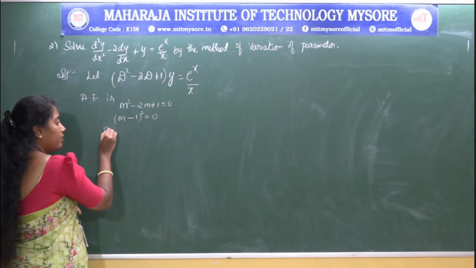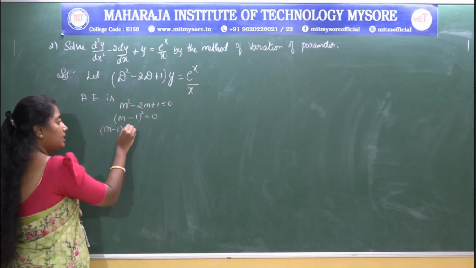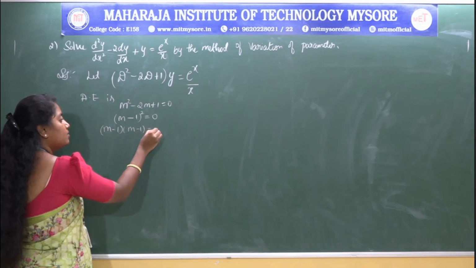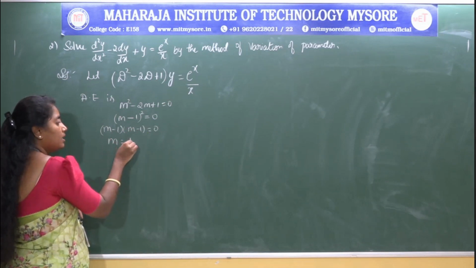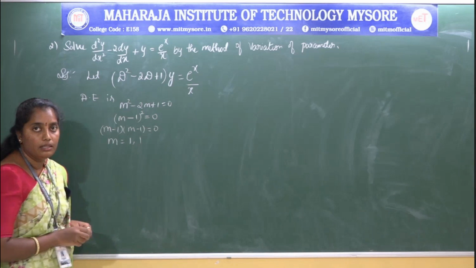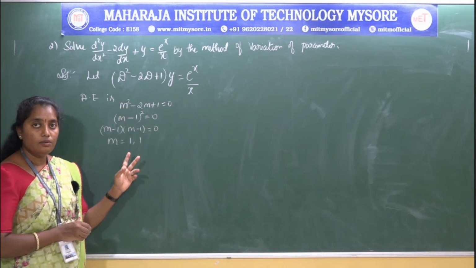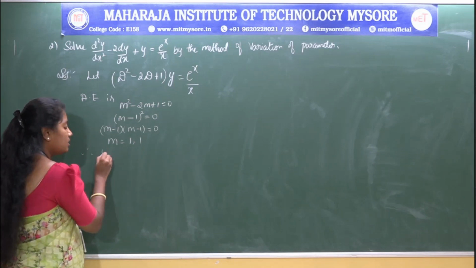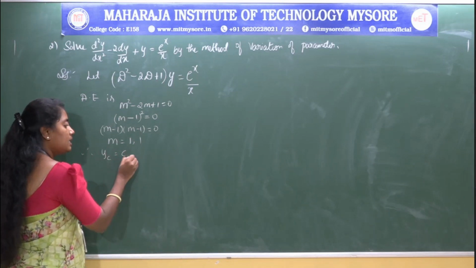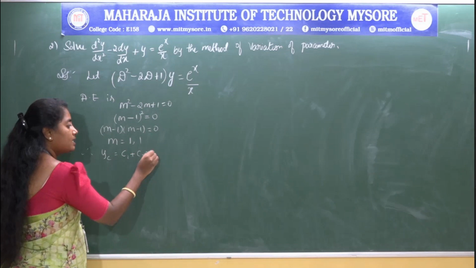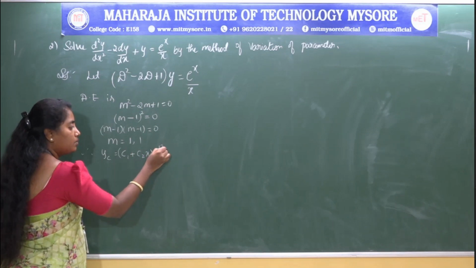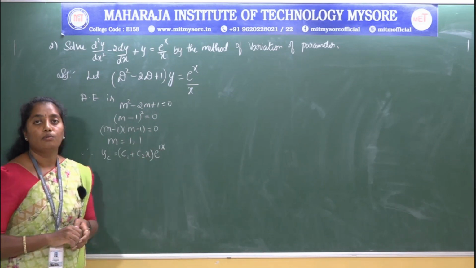For this we have two factors, m minus 1 into m minus 1 equal to 0, then the roots are plus 1, 1. Plus 1, 1 is a real and coincident root. We have equal roots here. For equal roots, the complementary solution is c1 plus c2 x into e to the power of 1x.